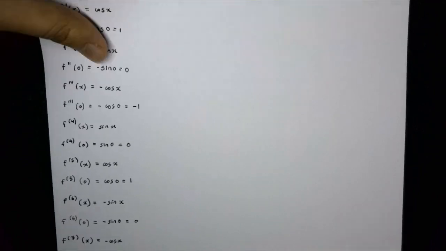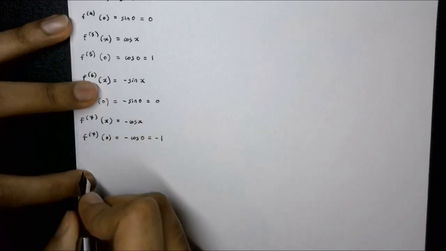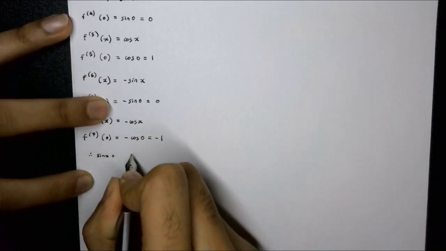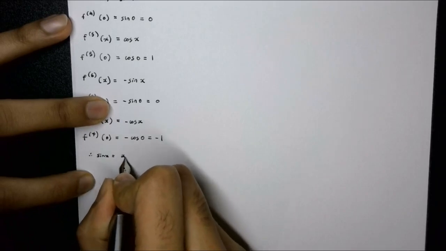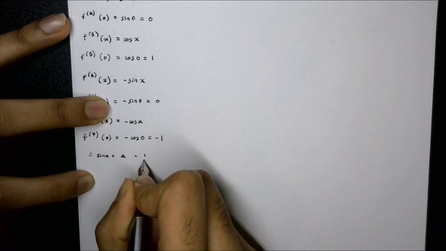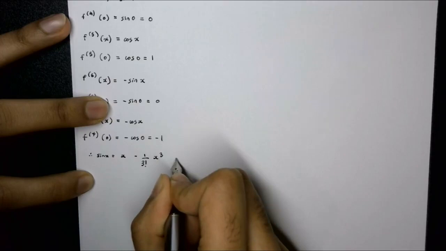Okay, so now if we substitute back into the general form of the Maclaurin series, we can see that sine x, that's equal to x minus 1 over 3 factorial times x cubed.